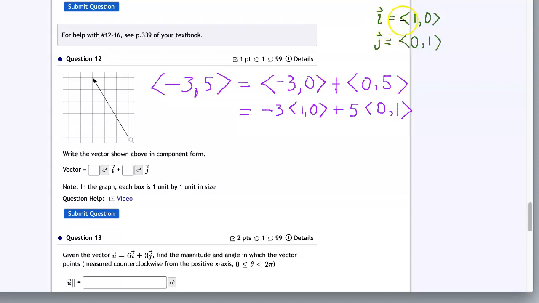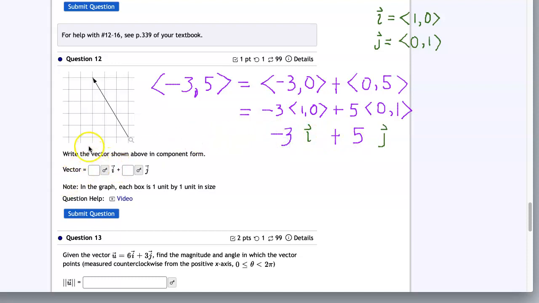Okay, so if i is 1, 0, do you see this right here, 1, 0? This is i. And j is 0, 1, so then this one is j. And then let me go back to purple here, so I can now still say that we have 5 times j and -3 times i.